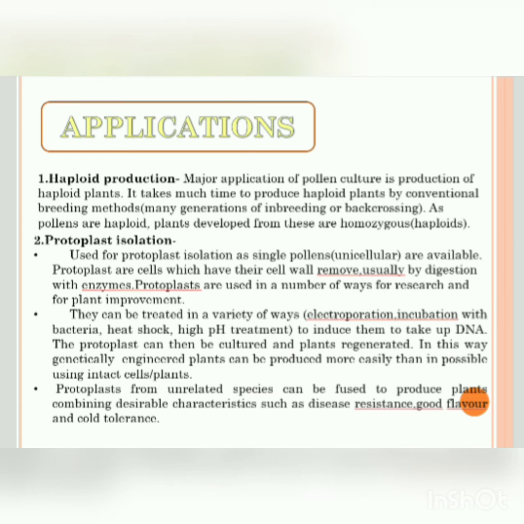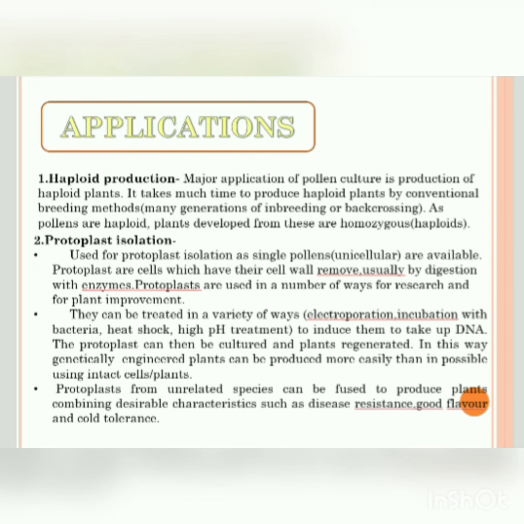Here the digestion by enzymes is involved, and as a result the cell wall is removed. Then these protoplasts are used in a number of ways for research and for plant improvement.